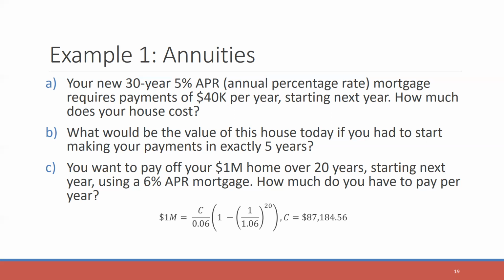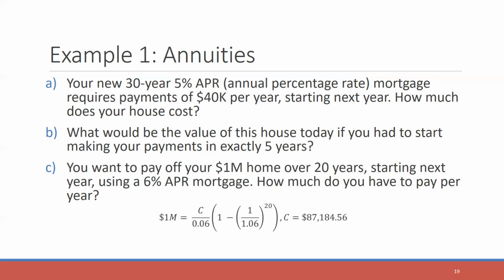Well, we're flipping our annuity formula. We know our 1 million, which is the loan that we got today. That's the present value. We also know our R, our discount rate. Our APR is 6%. And lastly, we know our time period, our N. We know it's going to be 20 periods, 20 payments.